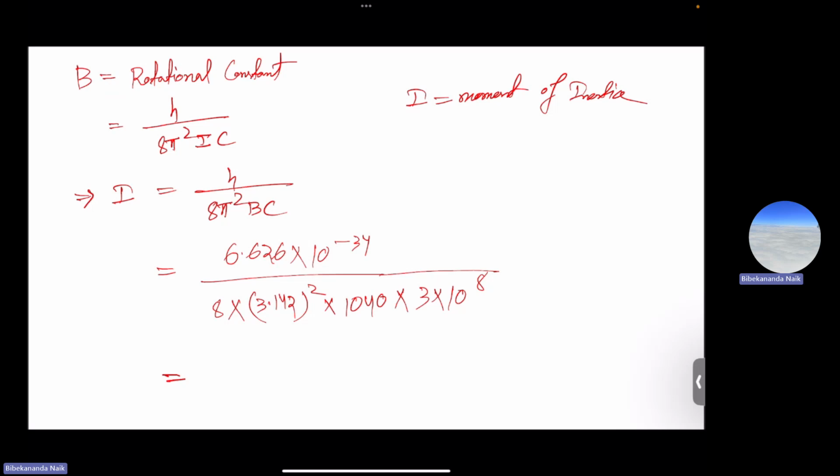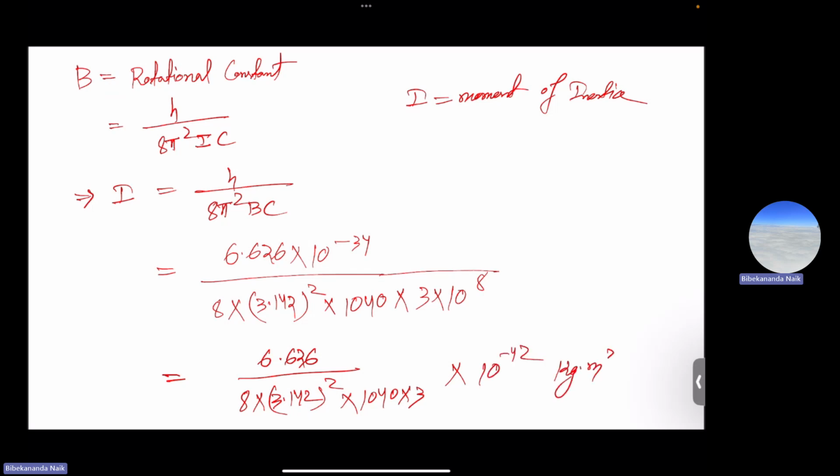So if we calculate, it will be 6.626 divided by 8 into 3.142 square into 1040 into 3 into 10 to the power minus 42 kg meter square.